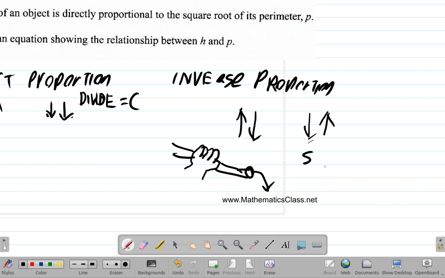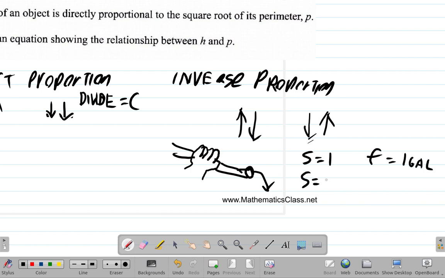You have squeeze, and you have flow of water. You squeeze with 1 pound of force. The flow is 1 gallon per minute.